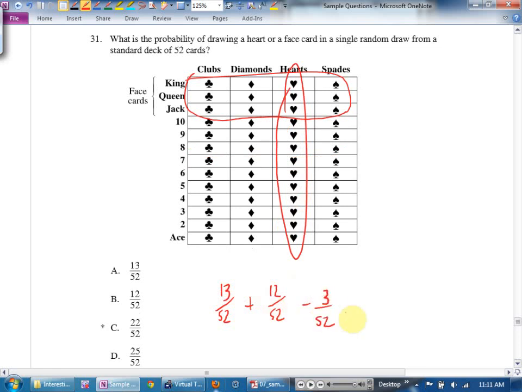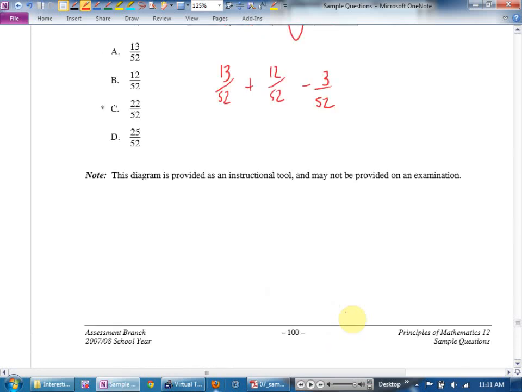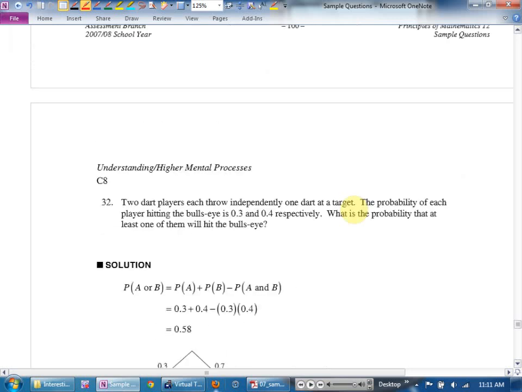2 dart players each throw independently 1 dart at a target. Probability of each player hitting the bullseye is 0.3 and 0.4 respectively, which means in that order. What's probably at least one of them hit the bullseye? Okay. Bullseye for the first guy. Not bullseye for the first guy.